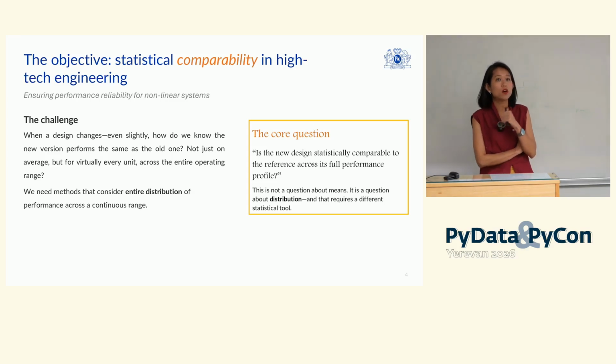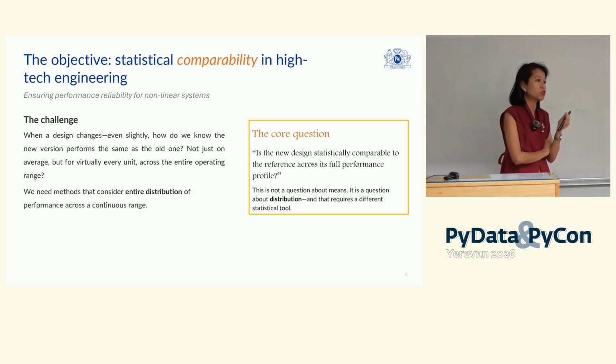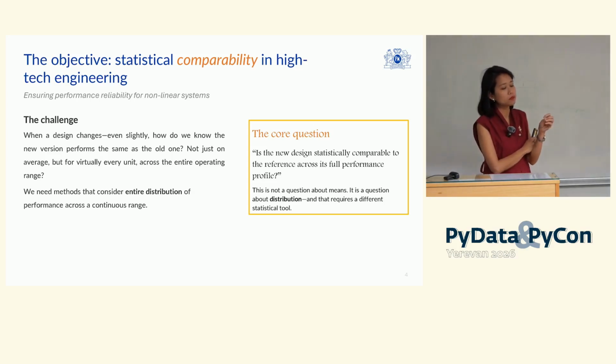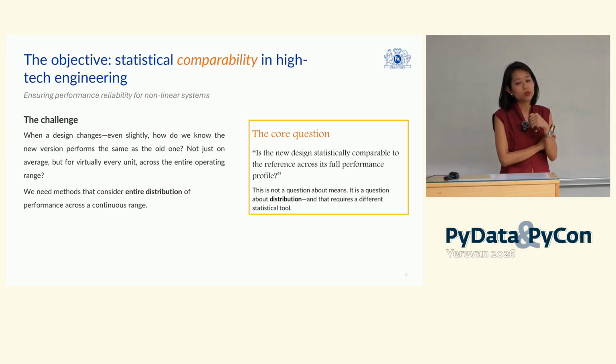And when we are talking about comparable, we cannot just talk about the average, because average is just some parameter about our population. But in reality, when we talk about design verification, we want to make sure that a certain proportion of the population of our product will meet this criteria, because that's what we promise to our consumer.